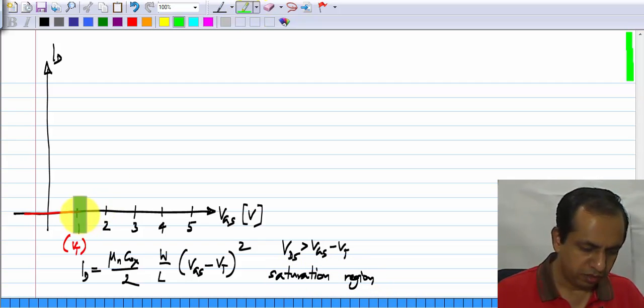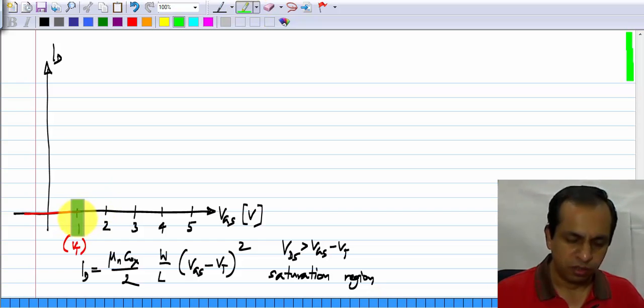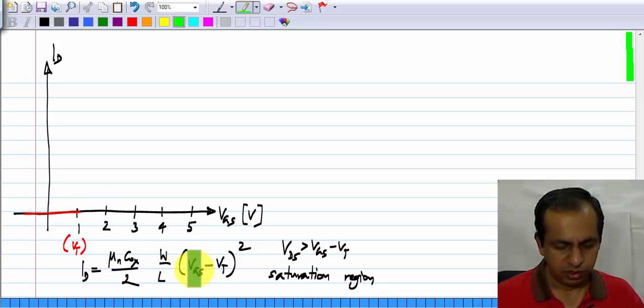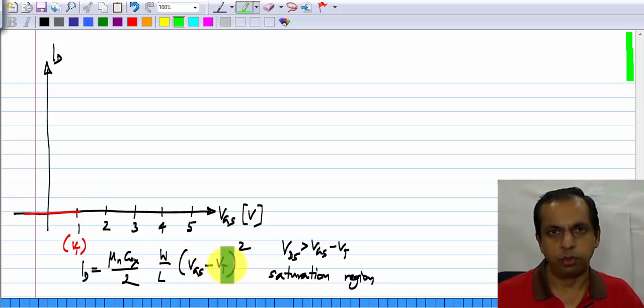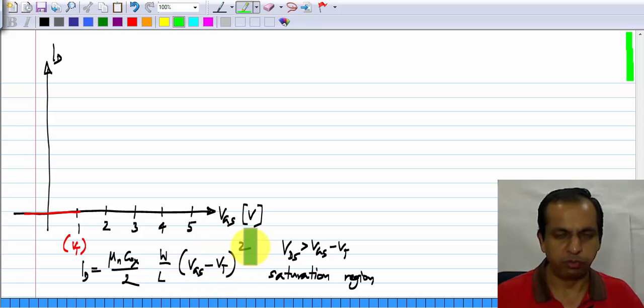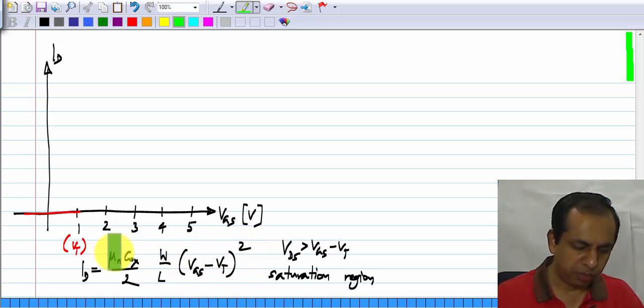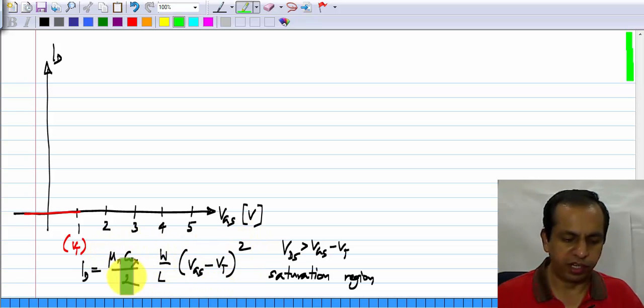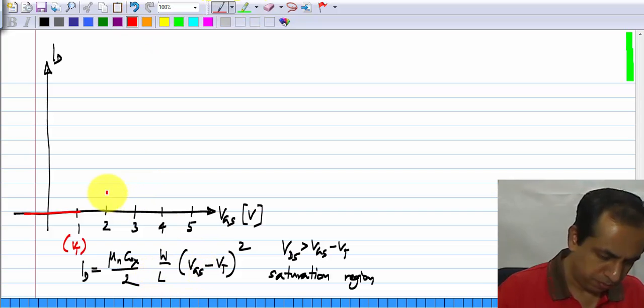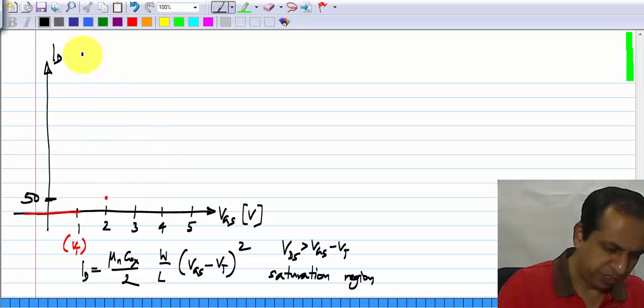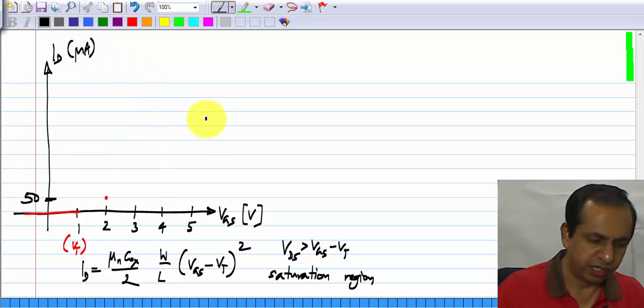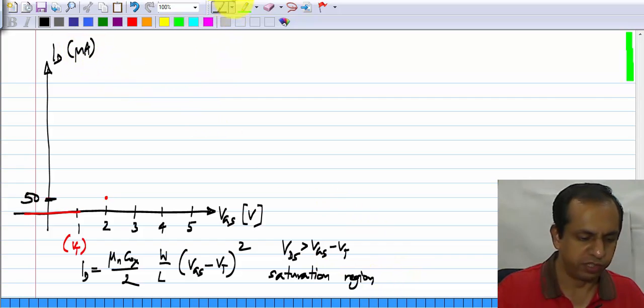So clearly for 1 volt it will be 0. For VGS equals 2 volts, the term within parenthesis will be 1 volt and this will be 1 volt square, and it will get multiplied by the current factor Kn divided by 2. So the current will be 50 microamperes. Let's say this ID is in microamperes. You can easily verify this.